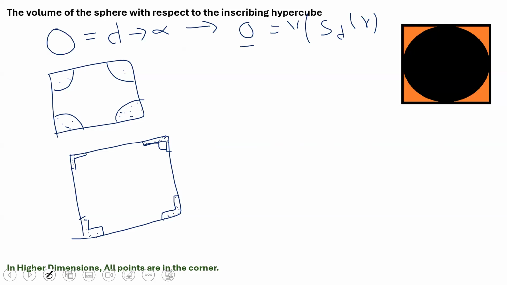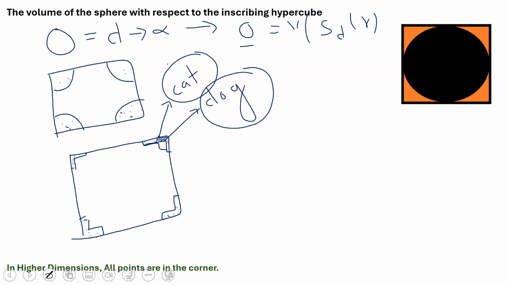Let's suppose I have 1 point coming from the cat class in higher dimensions and 1 point coming from dog. They both look the same because they are very close to each other in higher dimensions. So you cannot actually distinguish between a dog and a cat.